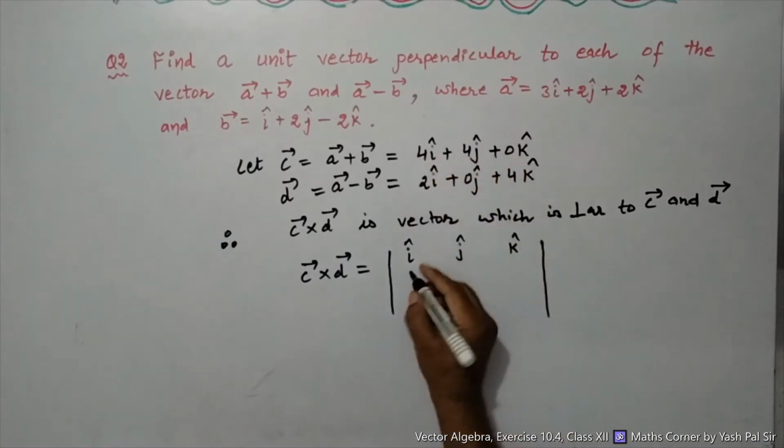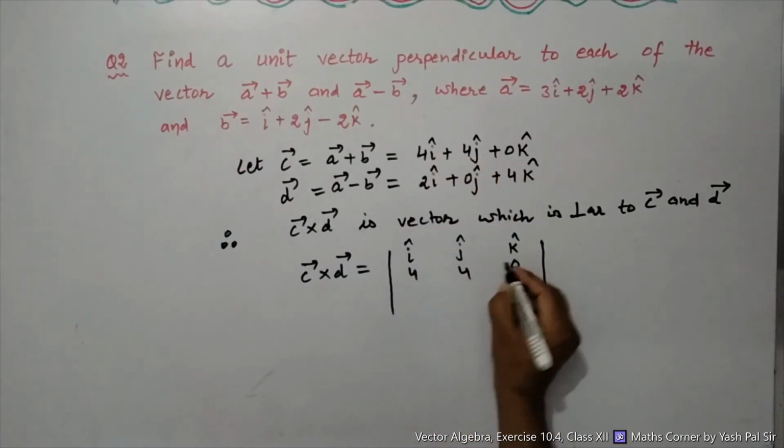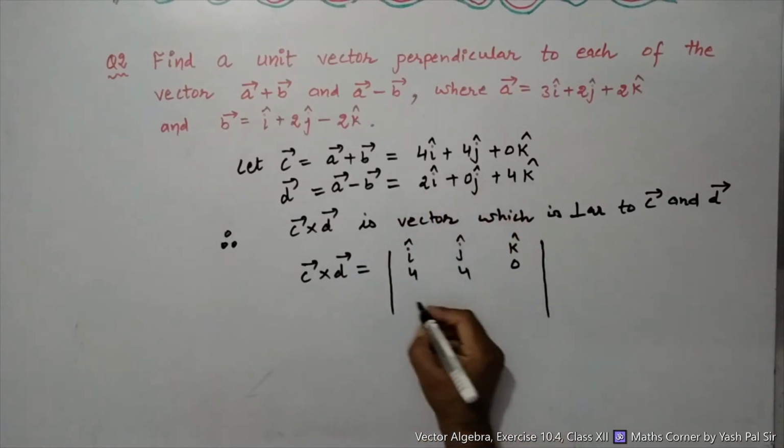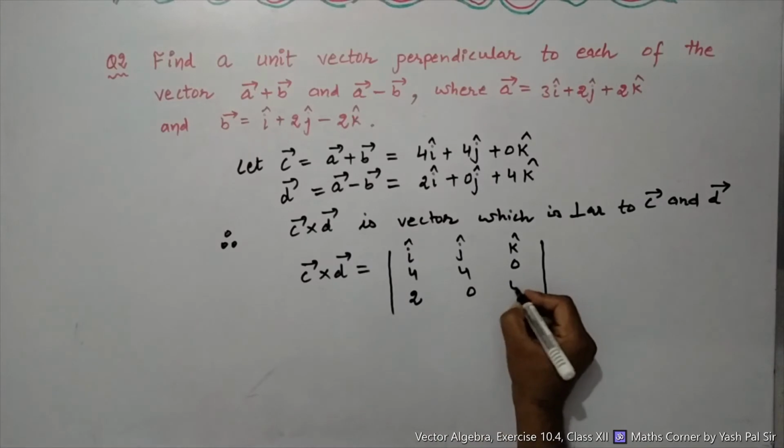Corresponding components of c are 4, 4, 0. Corresponding components of d are 2, 0, 4.